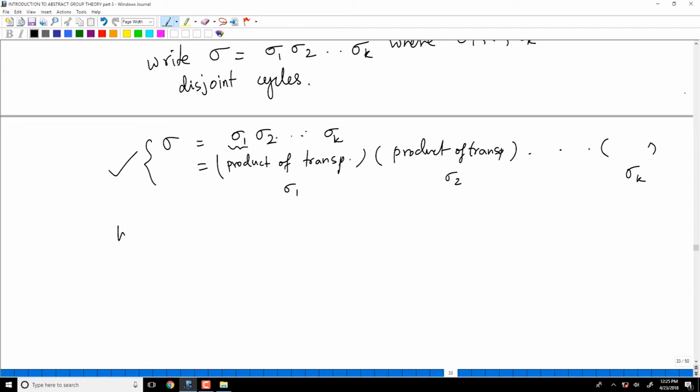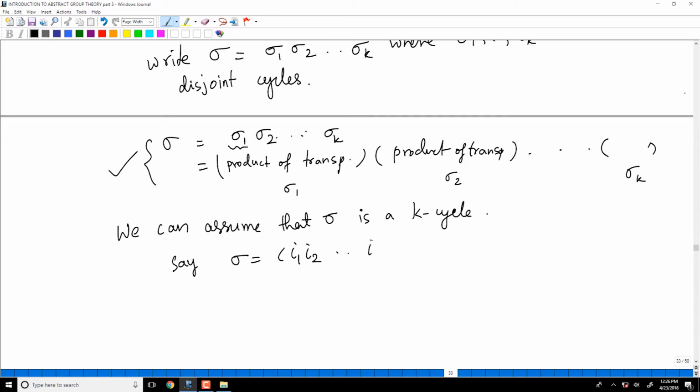So we assume now sigma is, let's say, a k-cycle. So we only need to consider the case of k-cycles. So say sigma is (i1 i2 ... ik).